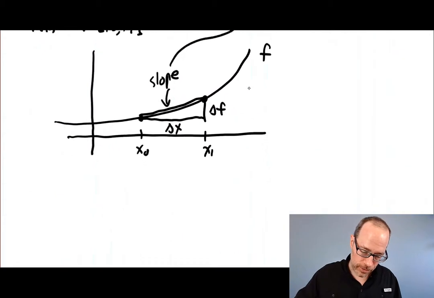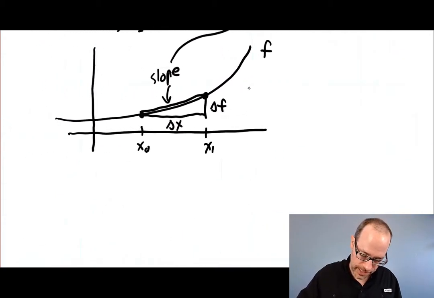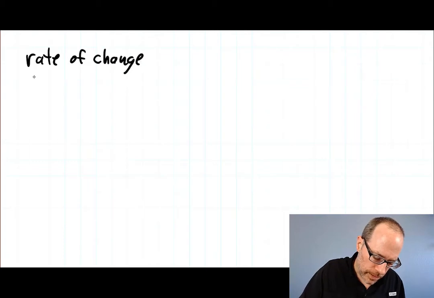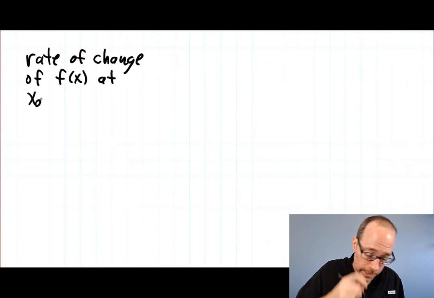And there is, of course, an instantaneous rate of change. So the rate of change of f of x at x0. Now, often people don't say the word instantaneous, but I'll add it in here.